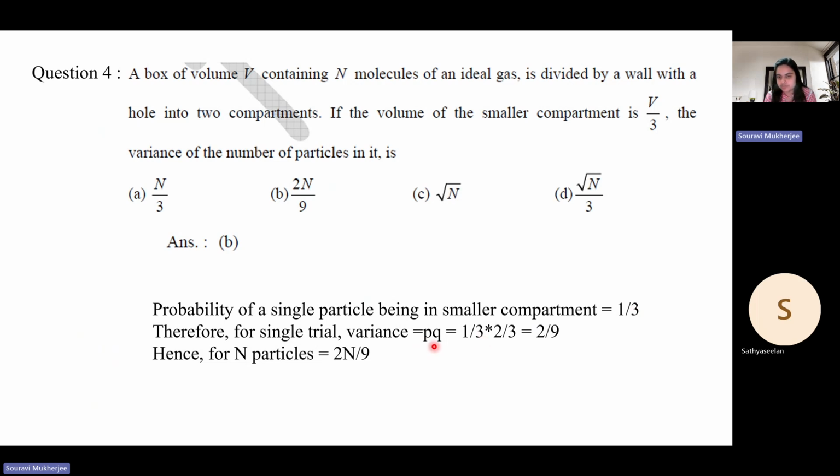Q is 1 minus P, which is two third, right? Now for a single trial, the variance is defined as P into Q. So this is your variance for one particular particle being in the smaller compartment. Now you have n such particles, so then it becomes 2n by 9. So it's a typical question that involves the concepts of binomial distribution.